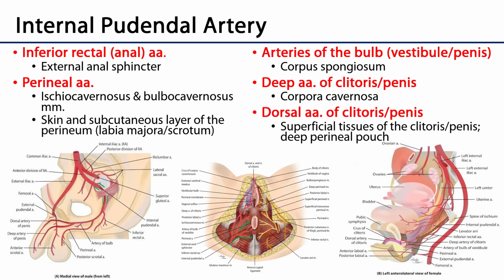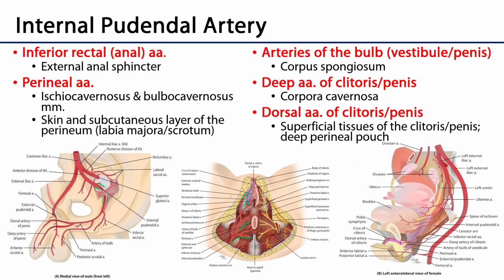And then we have the arteries that are serving the erectile tissue. So, for instance, there's the artery of the bulb to serve the bulbospongiosus, or the corpus spongiosum. And then there's the deep artery of the clitoris or penis, which is going to serve the corpora cavernosa, or the crura of the clitoris or the penis.